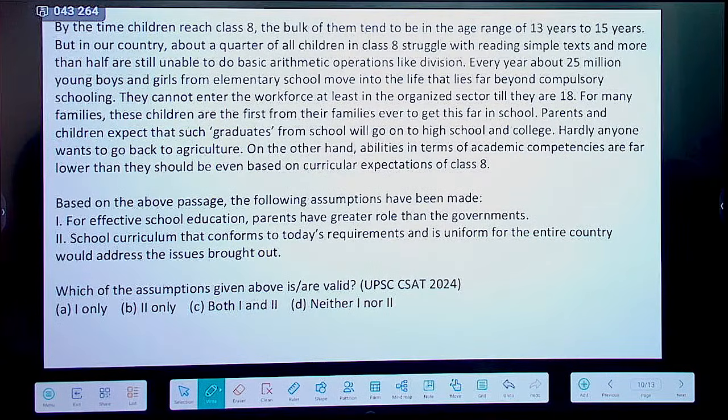Dheeraj saying I leave the question. Yeah, fine. It's fine. You leave, you attempt, you get some wrong. It's fine. All part of the process.